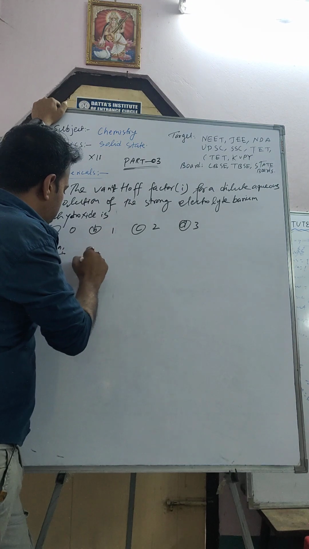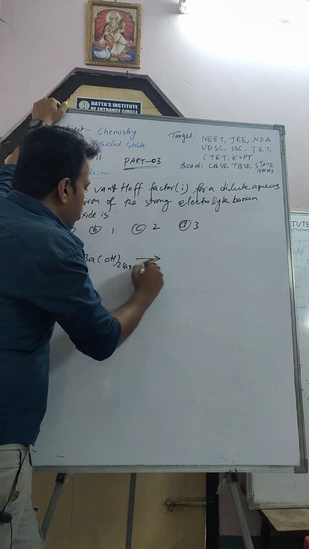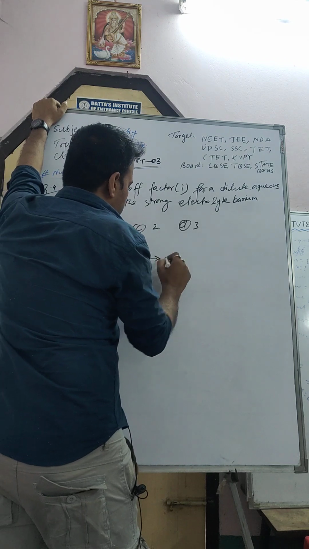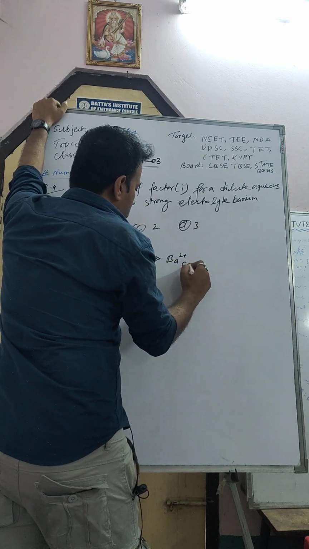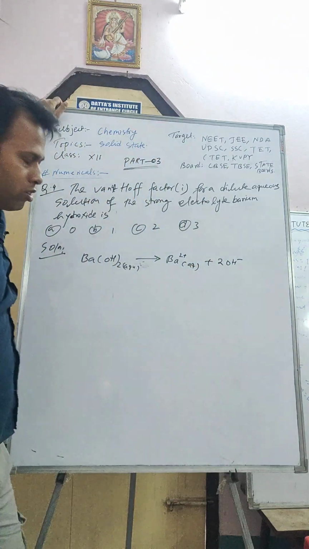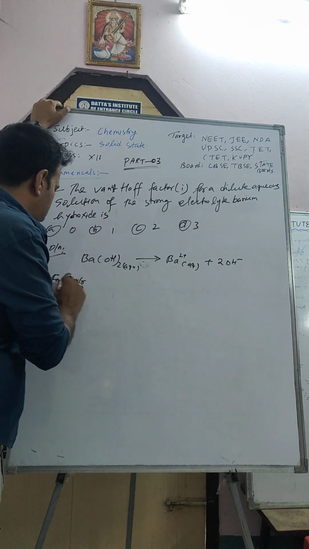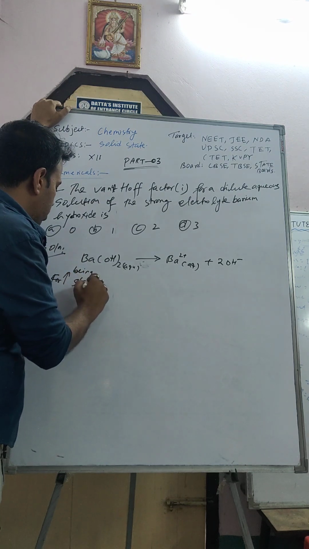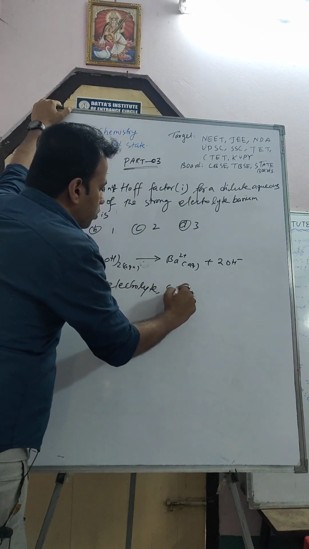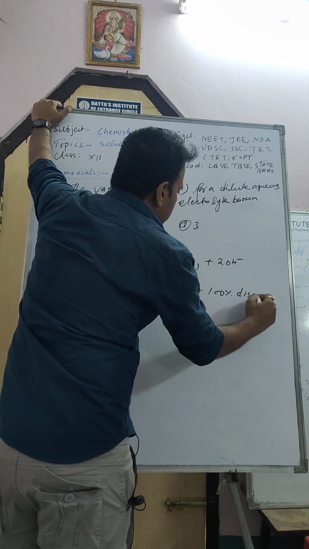So barium hydroxide, Ba(OH)2 aqueous, will be completely dissociated into Ba2+ aqueous and 2OH-. For a strong electrolyte, consider 100% dissociation.